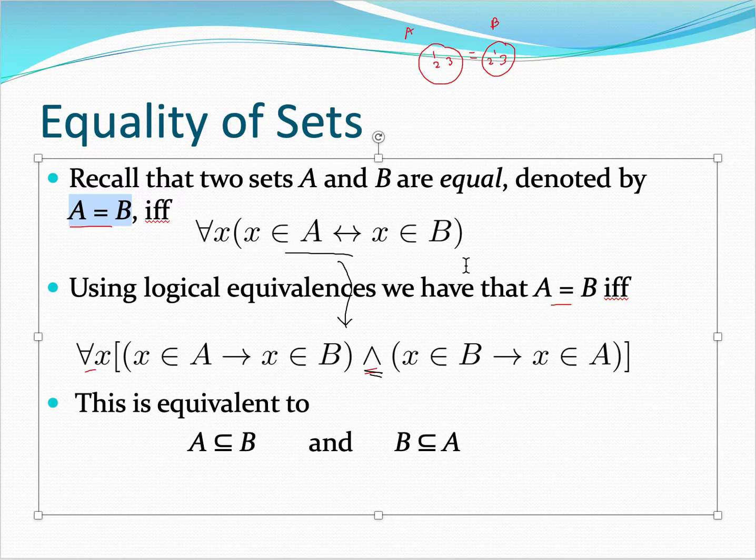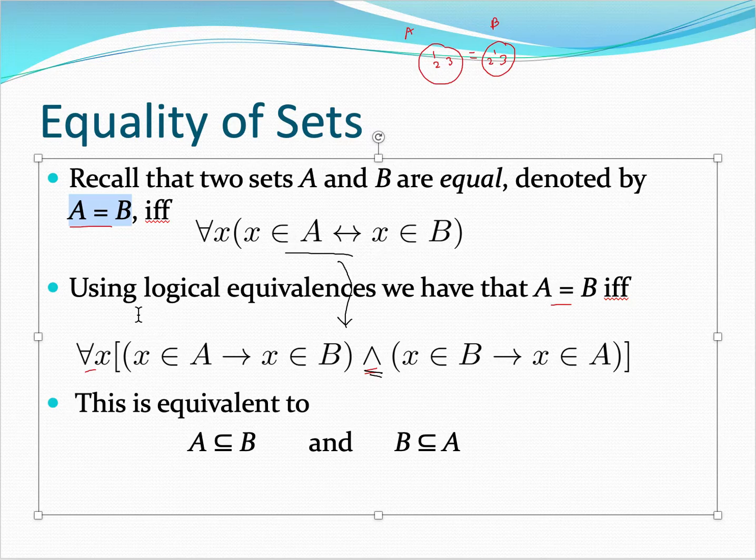The set A is said to be equal to set B if and only if for all x, if x is an element of A, then x is an element of B, and if x is an element of B, then it is also an element of set A.